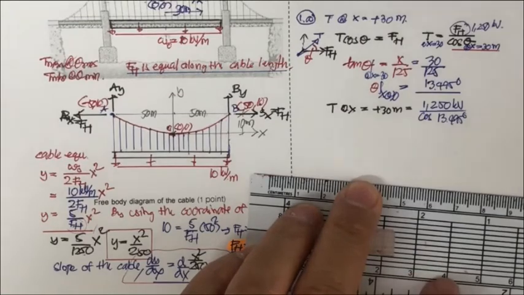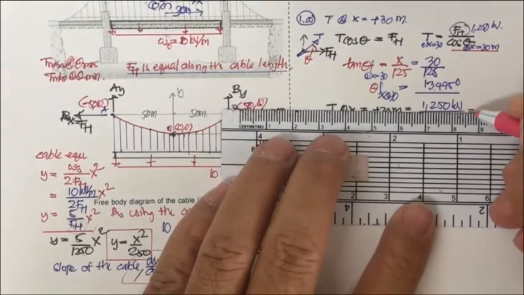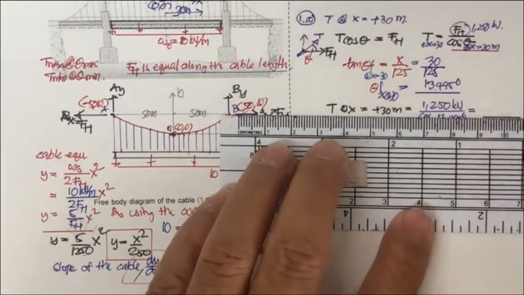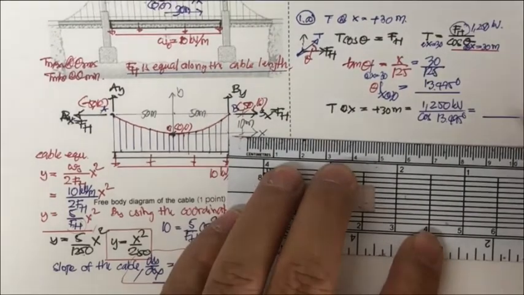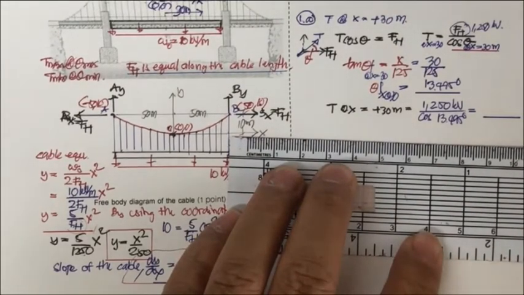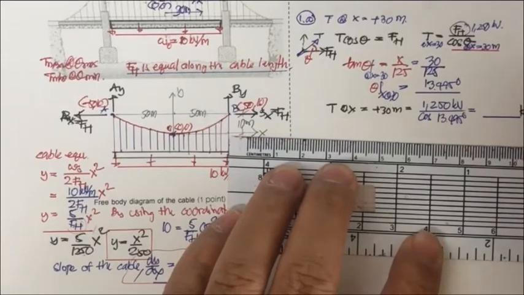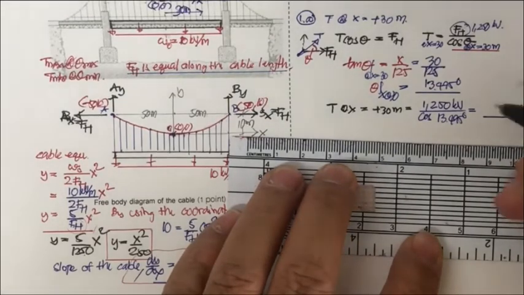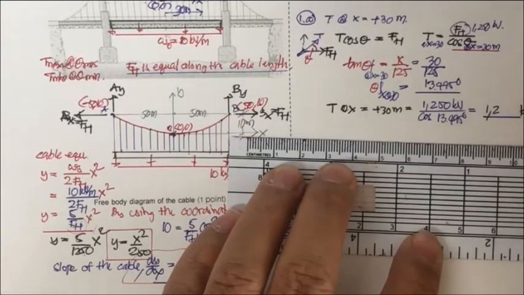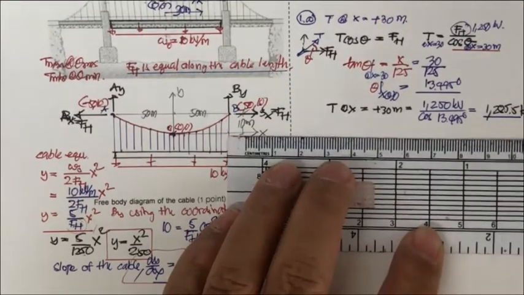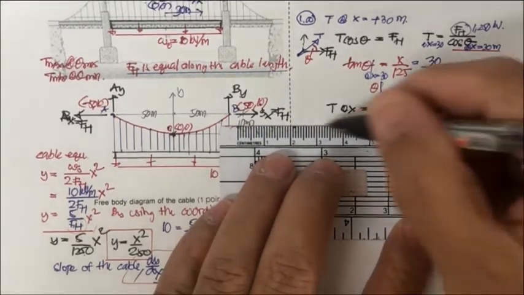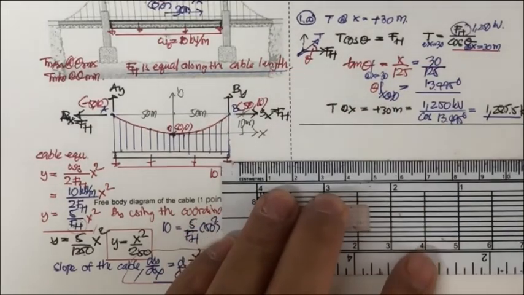And if you put it into your calculator, what do you get? It's going to be larger than 1250. It's going to be 1285.5 kilonewton. So that is the first one we have. You may put this answer into that.